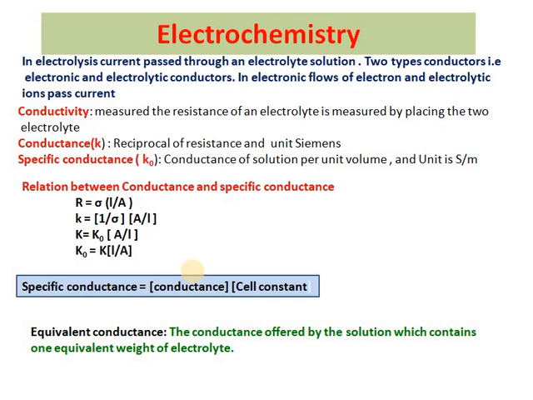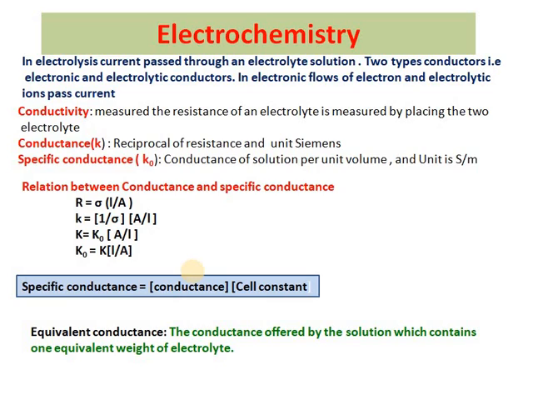But you know that in electrolysis the current can pass through an electrolyte solution. Fine. The systems can use two types of conductors for passing the current, the electronic and electrolytic conductors.